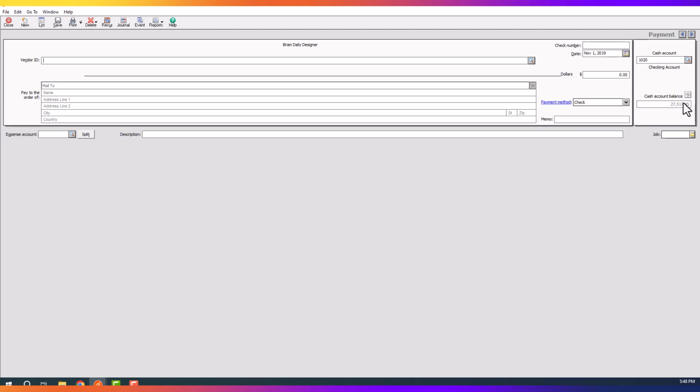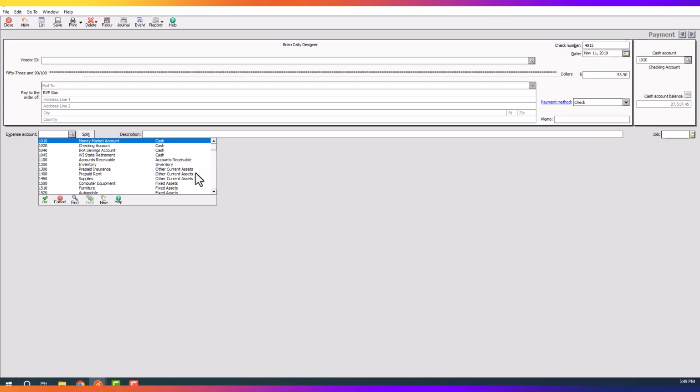After that check on November 11th, my next check is check number 4015. It is also on the 11th of November. Change the date and then put in the other details from the book. So I've got the name in there, I've got the amount in there, and now based on the name, it was RVP gas. So I'm going to find an expense account that's appropriate.